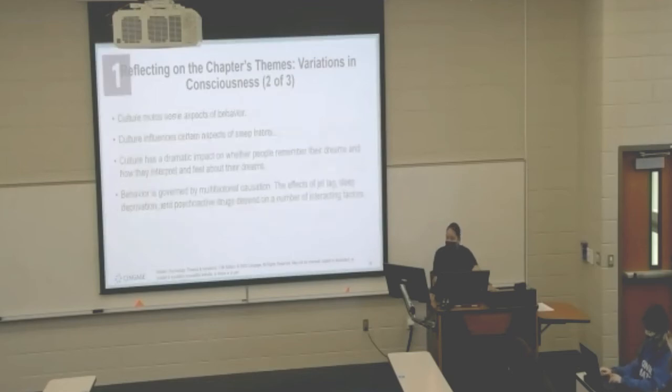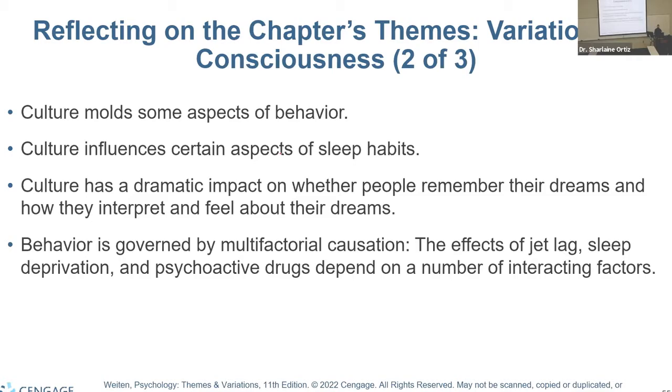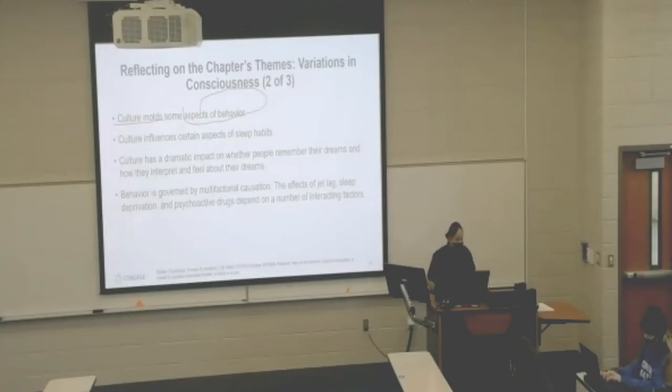Something to recall from the themes that we have discussed in this and our previous lecture is that culture is going to mold some areas of your behavior, right? For instance, some individuals can engage in the use of hallucinogens, and a lot of the hallucinations that we have, especially when it comes to schizophrenia, and I think I brought this up before, your culture is going to mold your behavior.